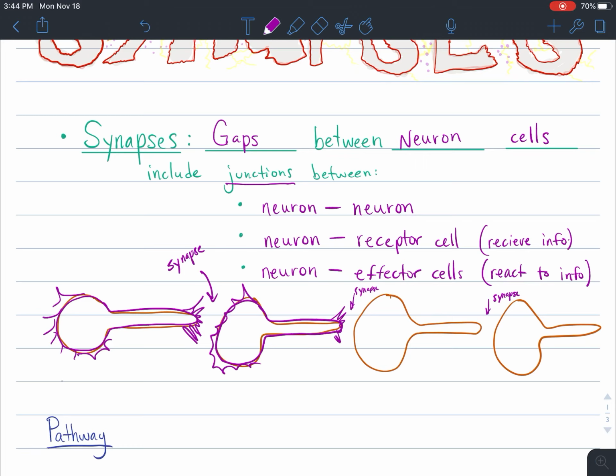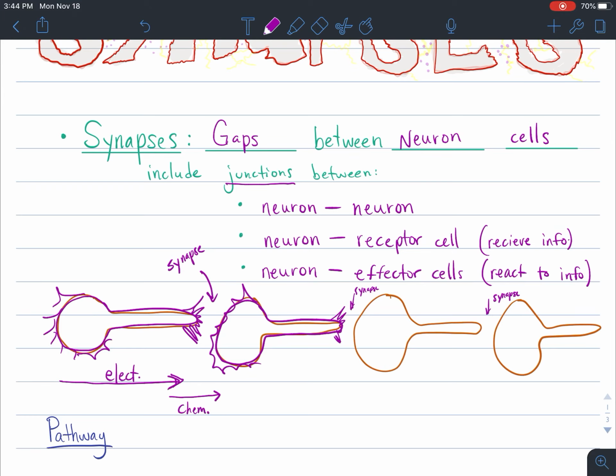So what happens is that a neuron gets an electrical signal and sends it down to the end of the axon terminal, where the electrical signal turns into a chemical signal. So we'll say electrical, chemical.